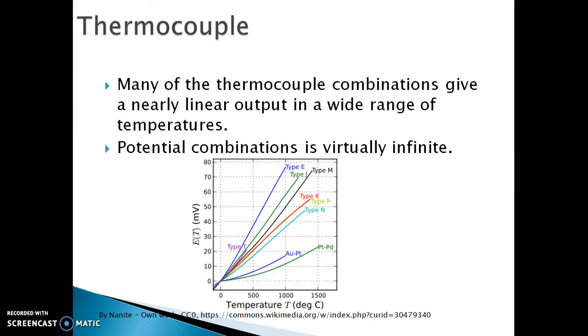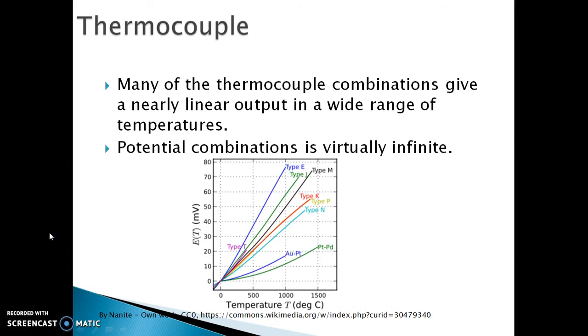If you observe, type E, type J and type K have a linear variation of voltage with temperature. Type E is chromel constantan, whereas type J is iron constantan. Type K is chromel alumel, which is very frequently used in most applications.